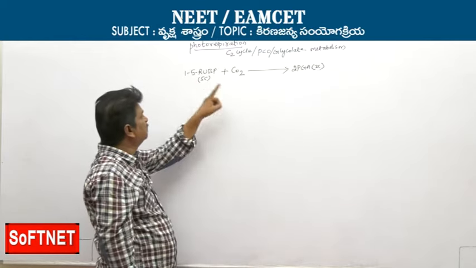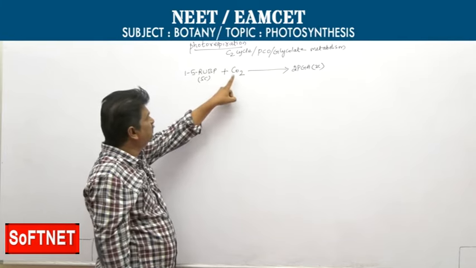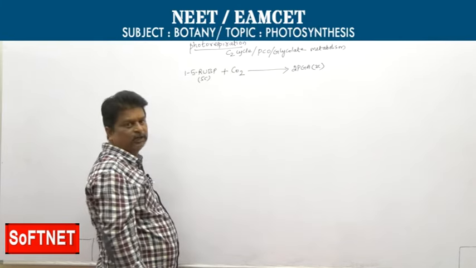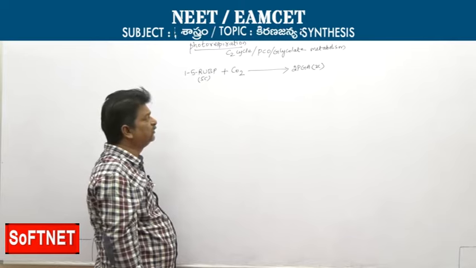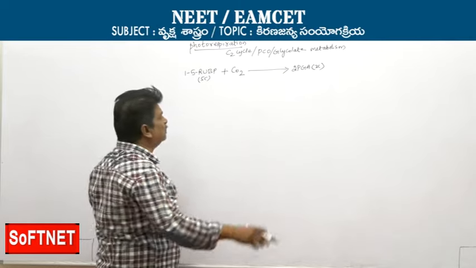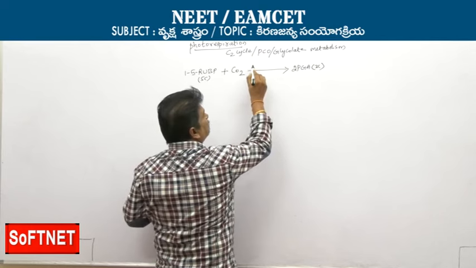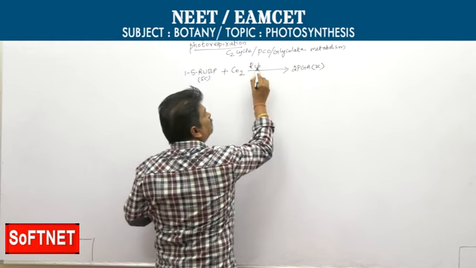So first step is carboxylation. RuBP fixes carbon and forms 2 molecules of PGA. This reaction is catalyzed by Rubisco.